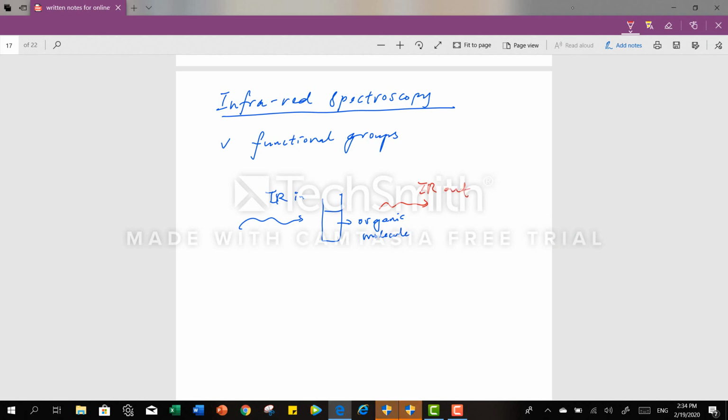Then by looking at which part is absorbed, you know what kind of functional group it has. For example, if it absorbs around this frequency, then we know that it contains a carbonyl group. If it absorbs around this frequency, then we know that it contains OH. Basically, these two are the most common frequencies that the exam paper will ask you.